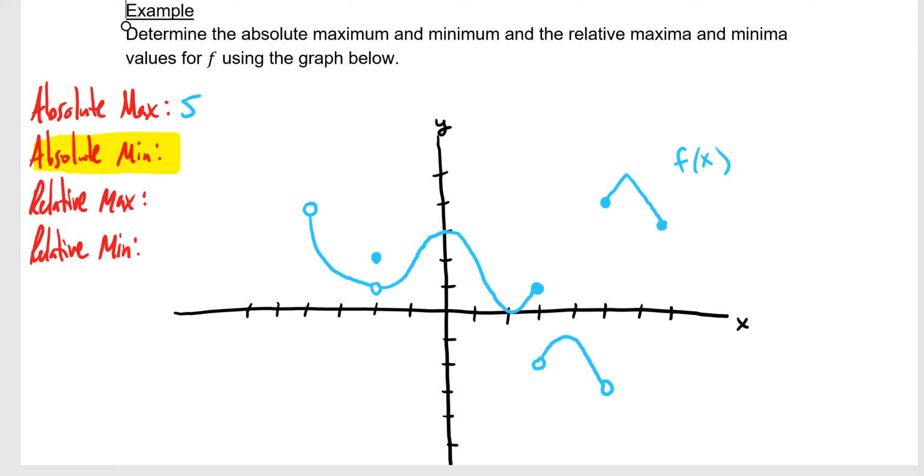So it gets infinitely close, it looks like it's almost going to be -3, but it gets infinitely close to -3, but it actually doesn't reach it. So that means that there is no absolute min. So if the highest point or the lowest point is a hole, then that means there would not be an absolute max or an absolute min at that point.